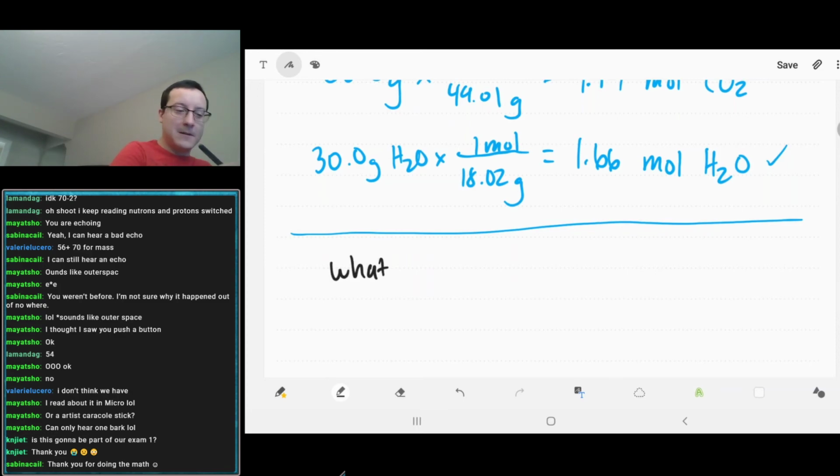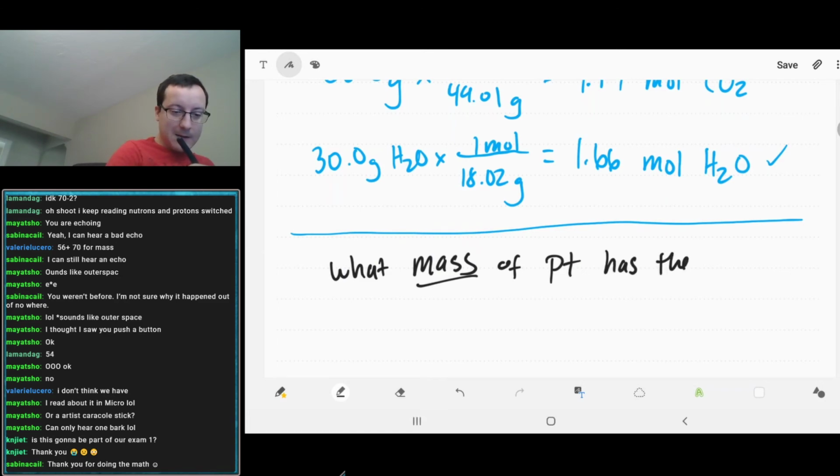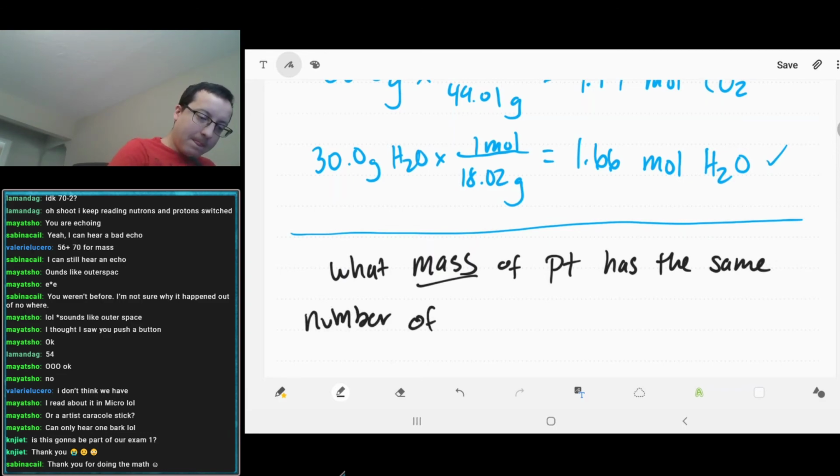What mass of platinum has the same... let me not use platinum. Let me use... let's just use water.